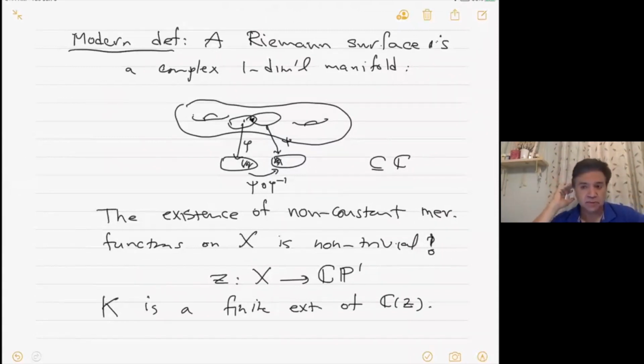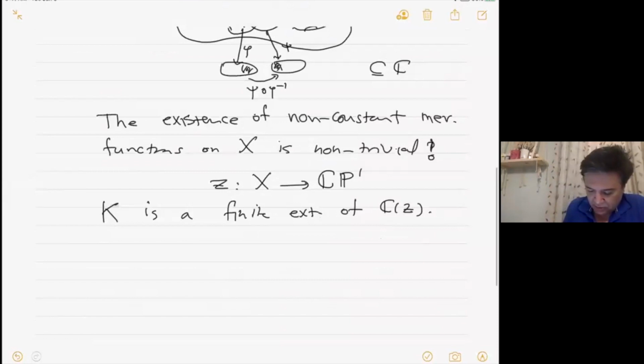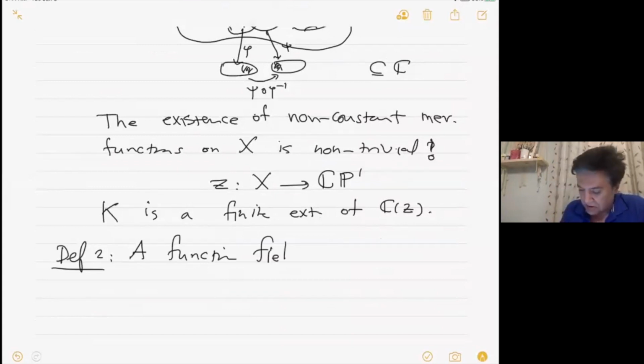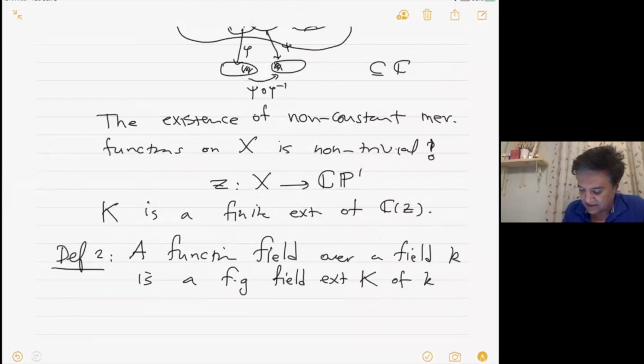And this is another approach to define a Riemann surface. You can define a Riemann surface just by its field of rational meromorphic functions. So the second definition, definition 2: a function field over a field k is a finitely generated field extension K of transcendence degree equal to 1.